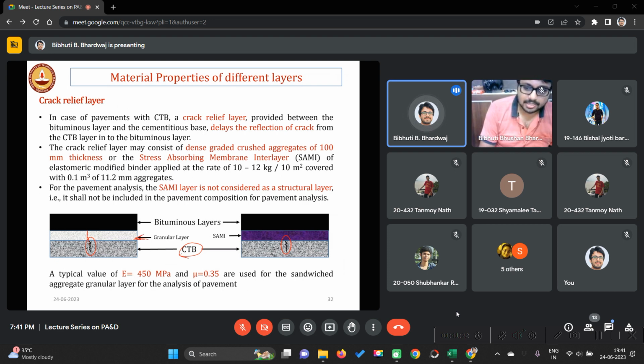That crack relieving layer can be an aggregate interlayer, where you place large aggregate here, or a stress absorbing membrane interlayer. If you use SAMI, you don't need to consider it as a separate layer. But if you use an aggregate interlayer, it has to be considered as a separate layer.